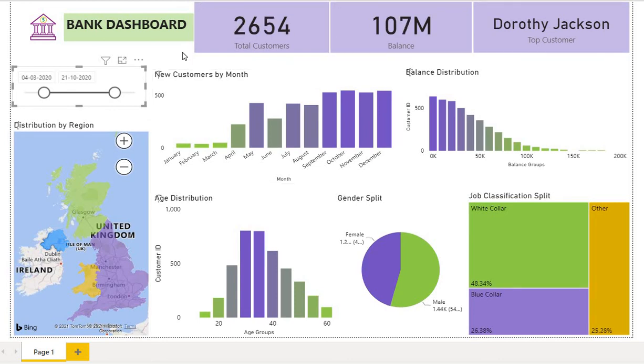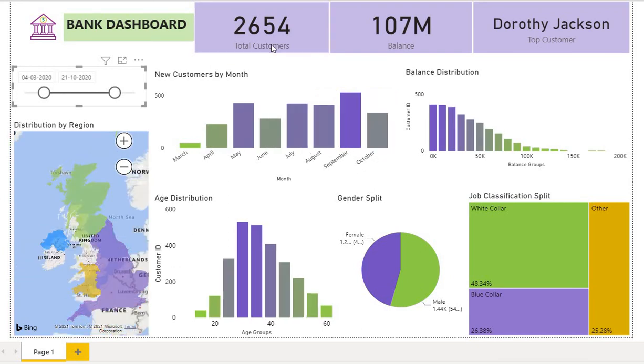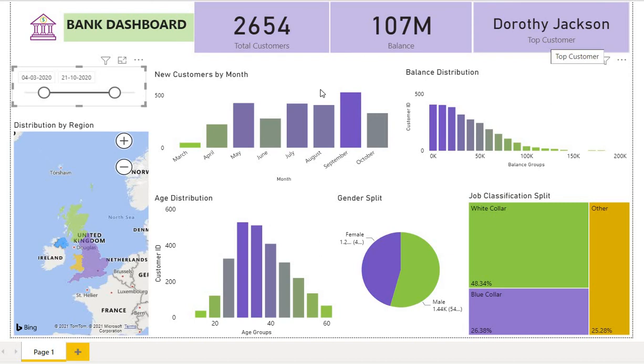Here it is. Okay, so these are the changes that we have observed. The total customers now from 4th March till 21st October 2020 are 2654, and the total balance of those customers is 107 million. The top customer again over here is Dorothy Jackson.